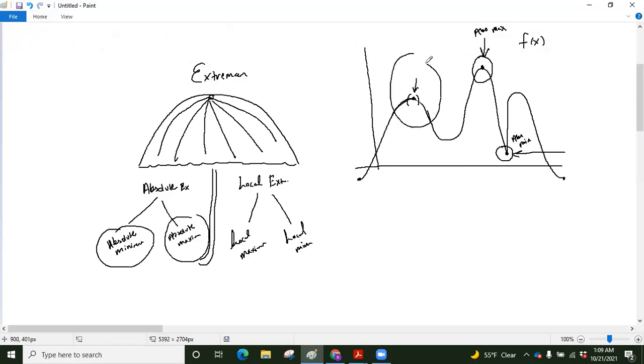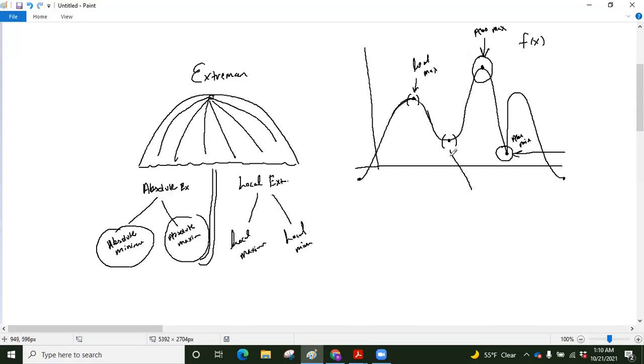And for this point here, we would say that this is a local maximum, because in its own small neighborhood it is the greatest value in terms of height. So it's a local max. And this guy here, it's not the smallest point throughout the entire graph, but within this small neighborhood, within this locality, it's the smallest.